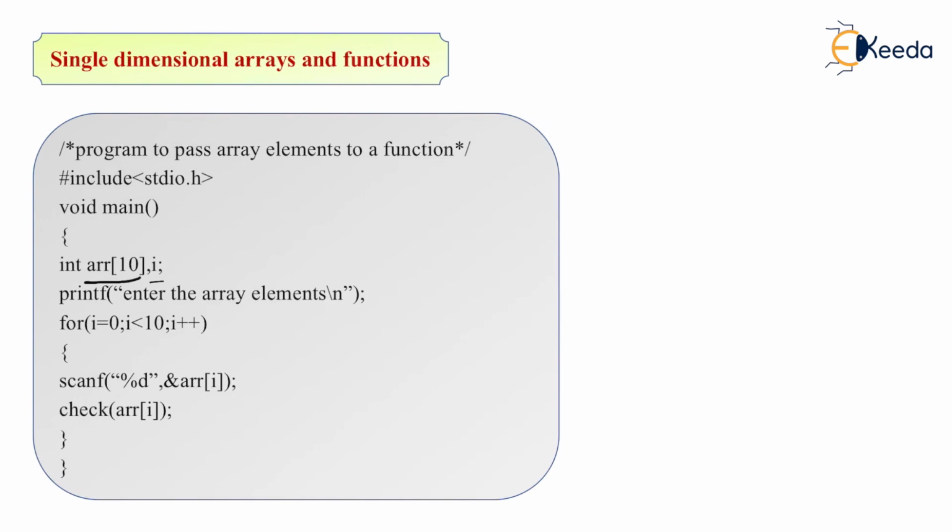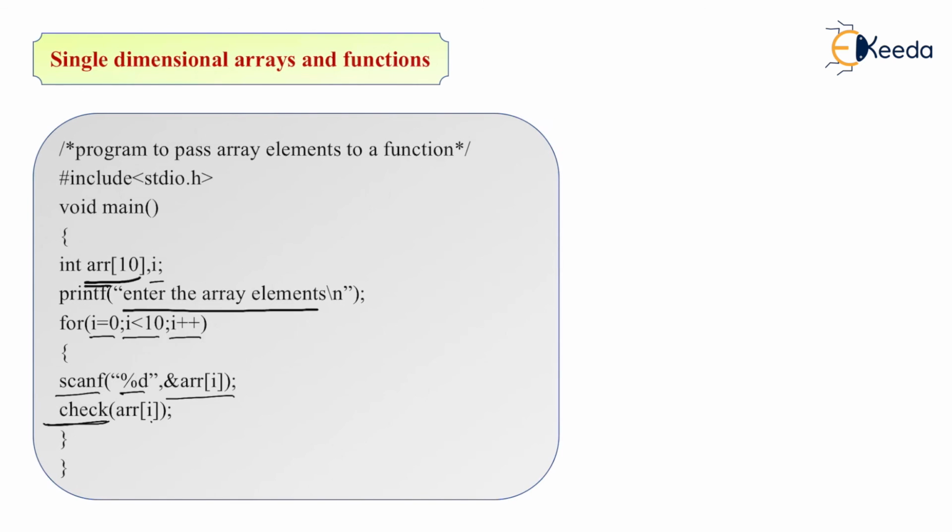Then printf enter the array elements. Then for i is equal to 0, i is less than 10, i plus plus, scanf %d ampersand of array of i. And now we are calling one method, that is check, for the array's ith element. That means for each and every element of the array, the check method will get called.